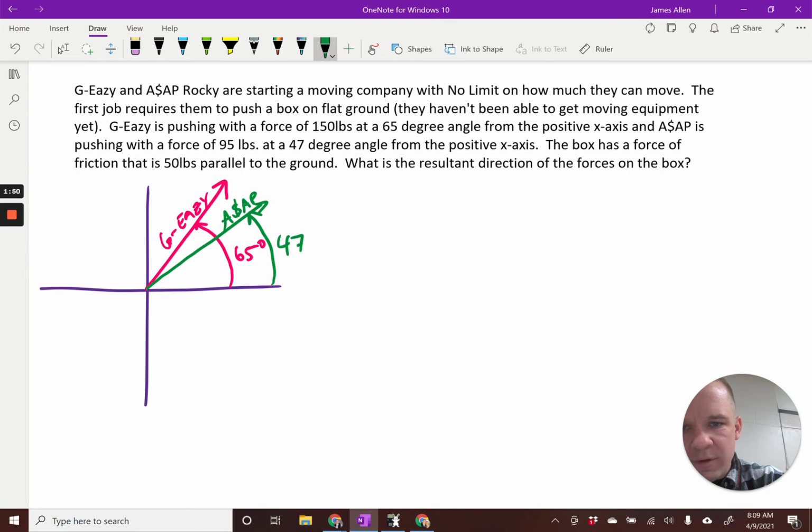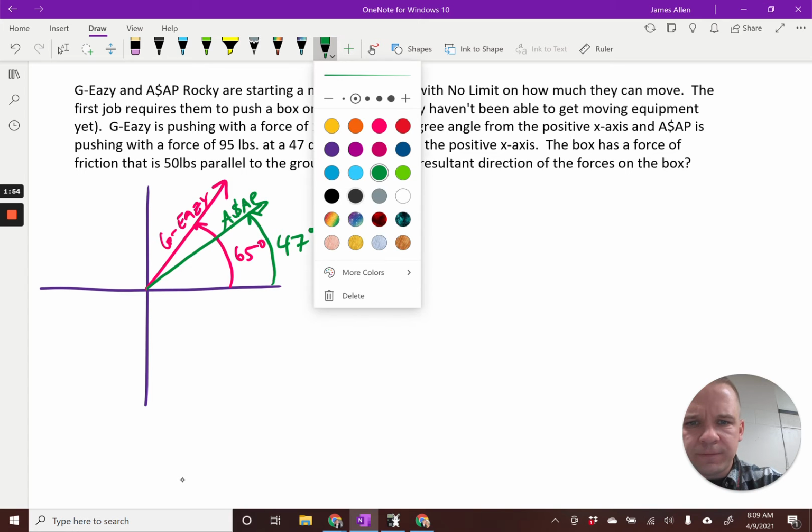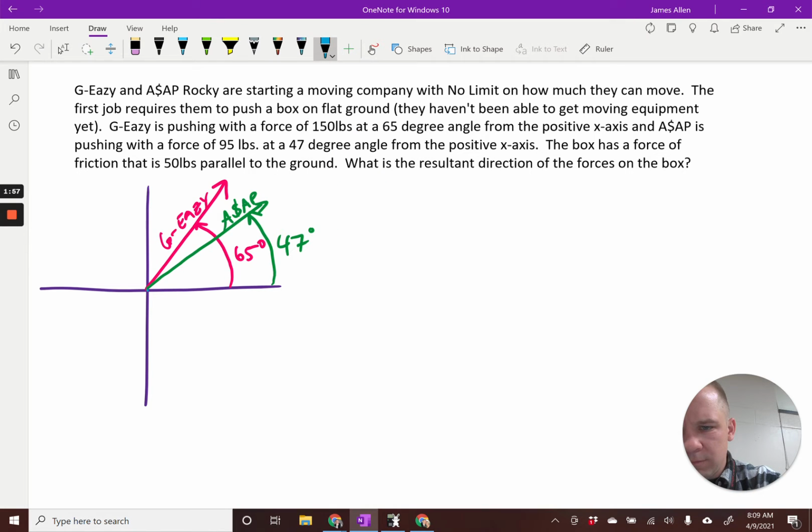And then the friction, working against them, parallel to the ground. That's 180 degrees, if we're going back that way. And that is 50 pounds.